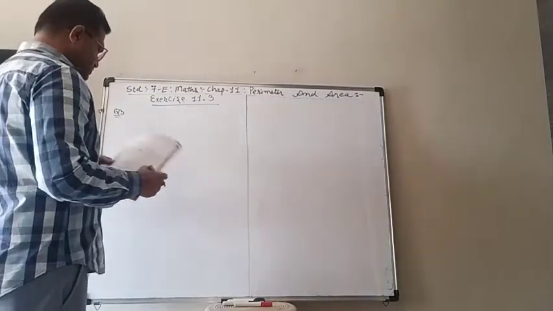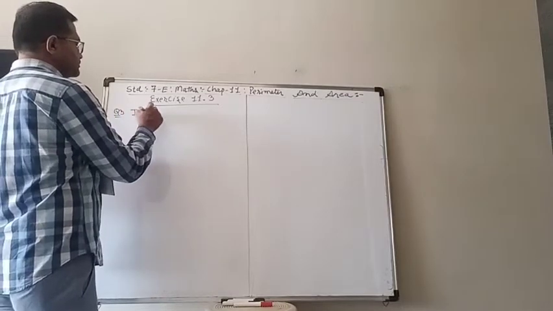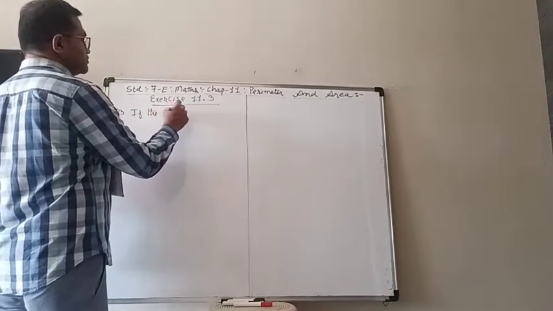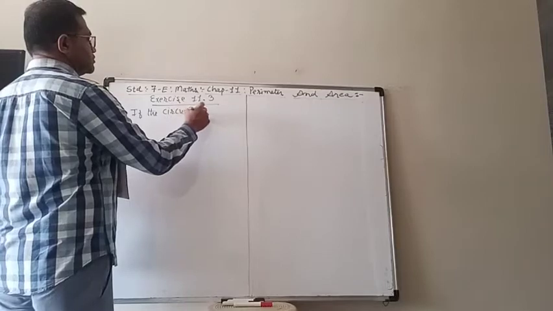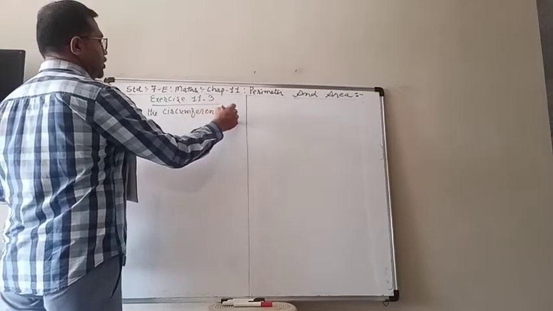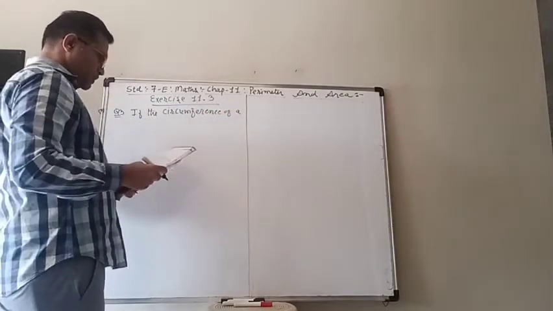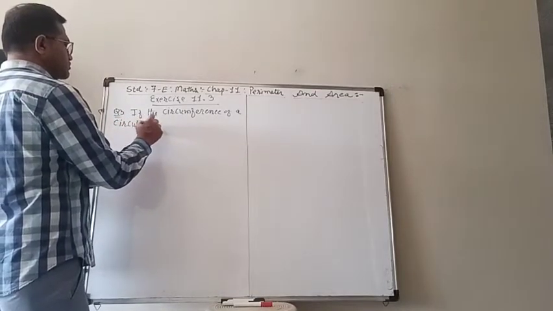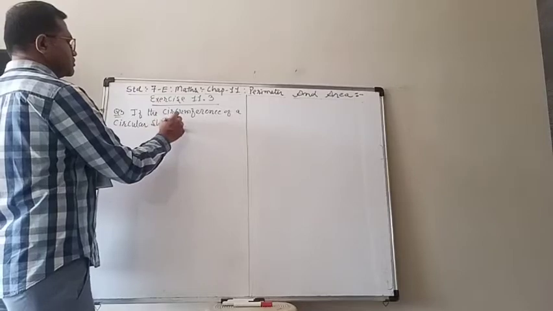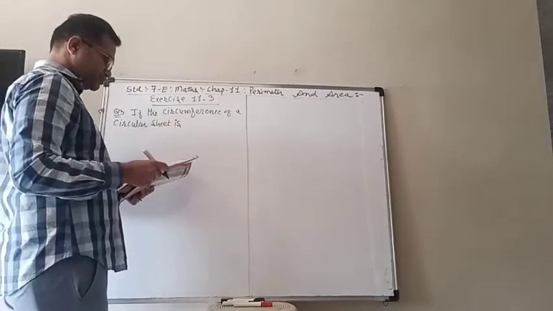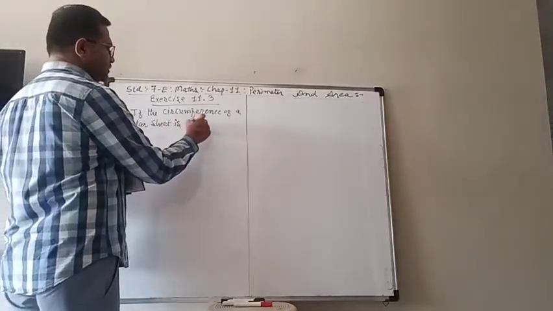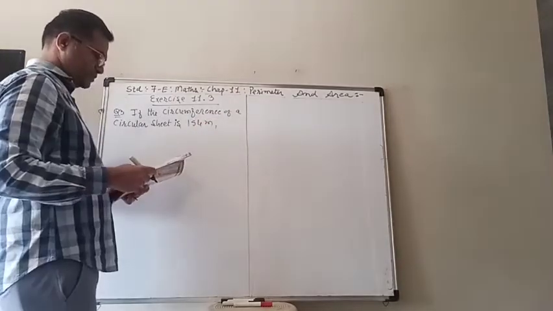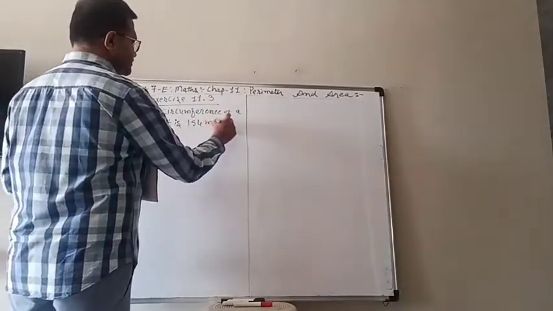The third question. Given that the circumference of a circular sheet is 154 meter, find its radius.